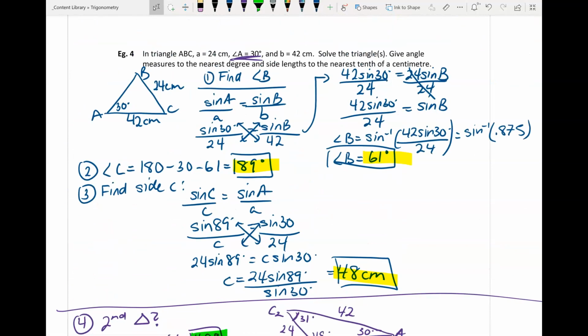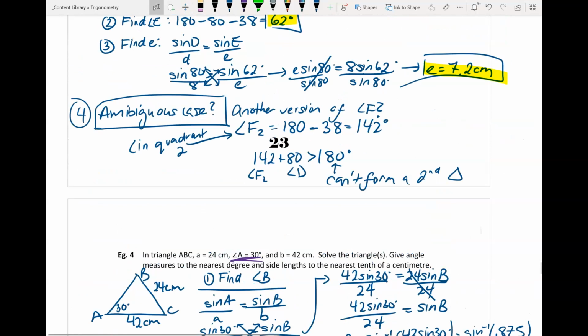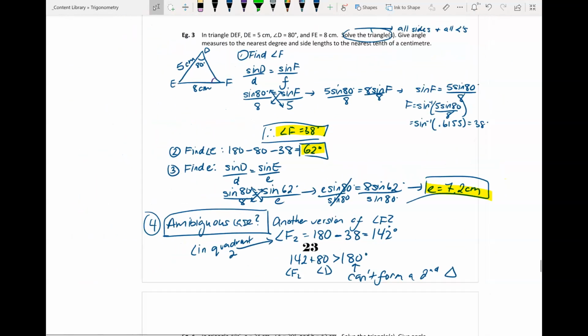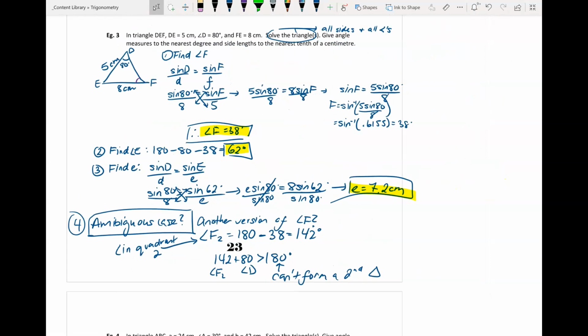So as a little quick recap, using your sine law, it's possible to have two triangles. You do need to check to see if there is a second triangle, the ambiguous case. In our first example that we've done, we did not have an ambiguous case because our angle over here is already fairly large, and once I add angle D, which is the original angle from this triangle, into this, we're going to get a number that's larger than 180.